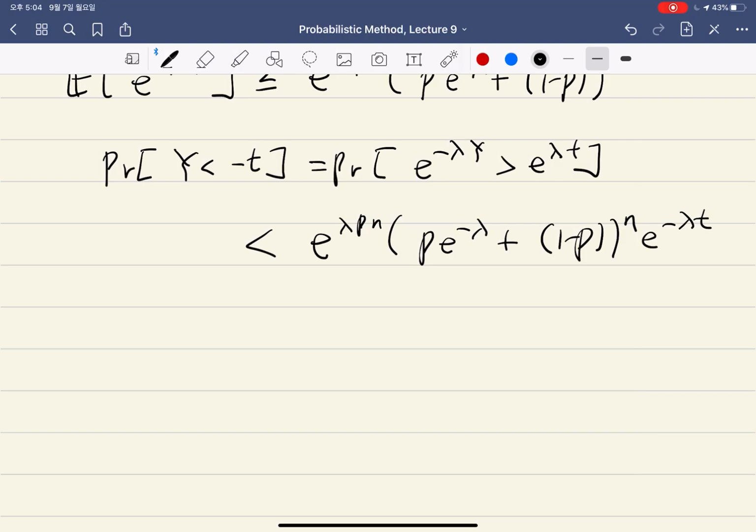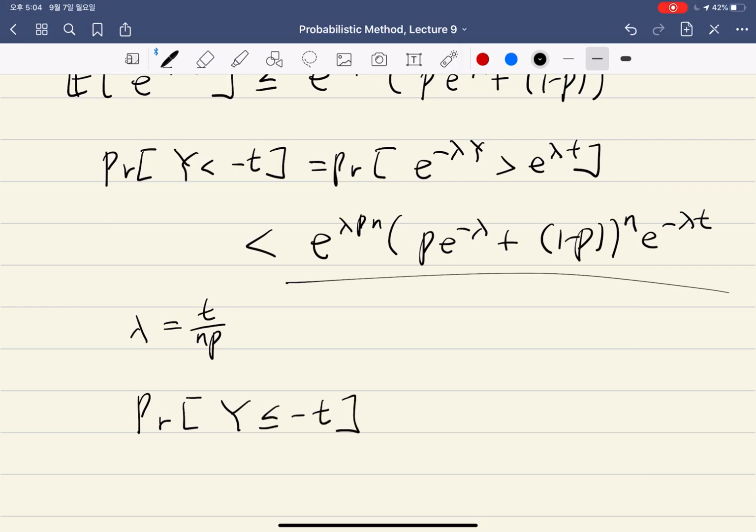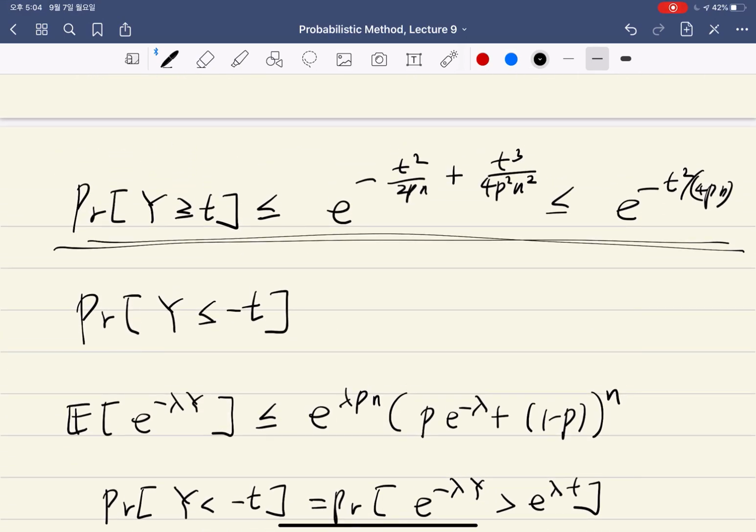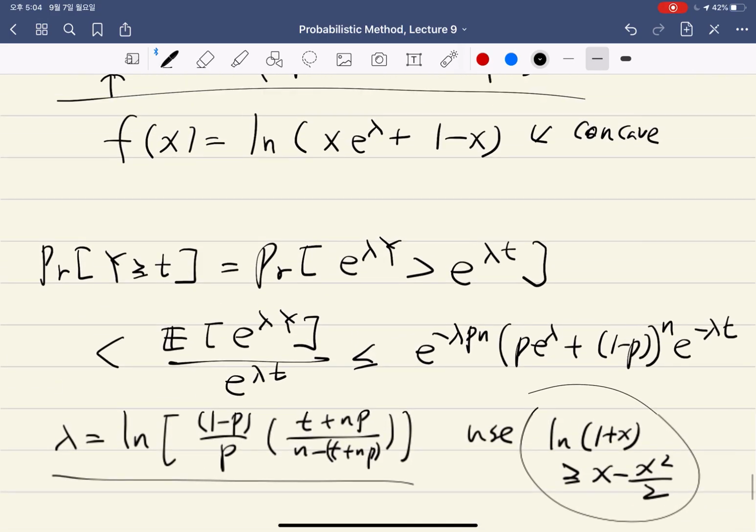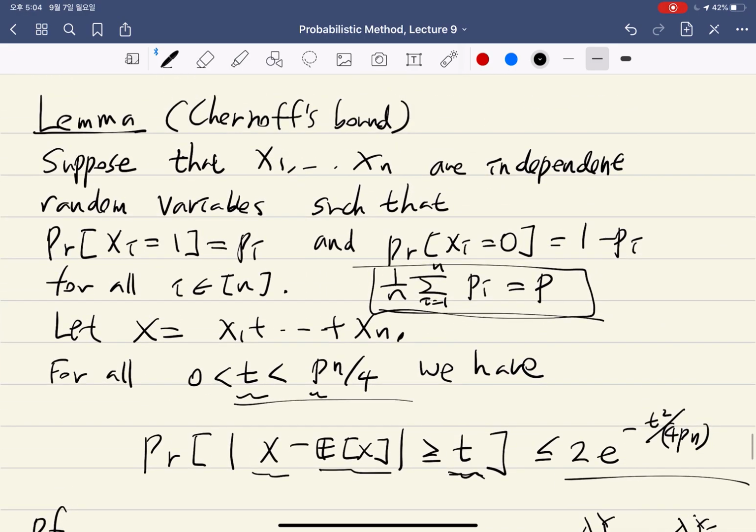Again, we simplify this expression and then later put lambda equal to t over np. Then with some computation, we can show that this holds. By combining this and this together, we can prove the lemma. So we get this Chernoff bound.